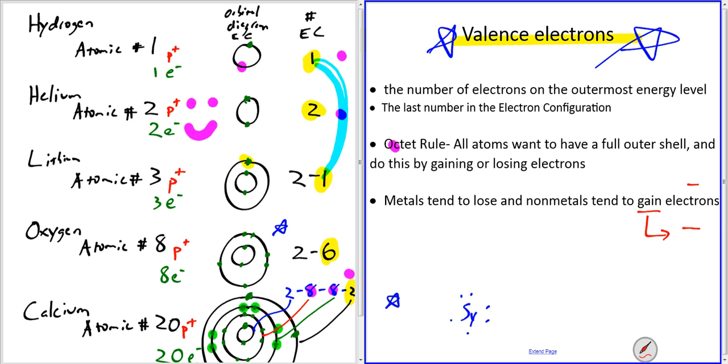On the other hand, if I lose electrons, I'm getting rid of negative charge. I'm going to be left with more protons than electrons, so losing is going to give me a positive charge. And so metals tend to become positive, and non-metals tend to become negative.